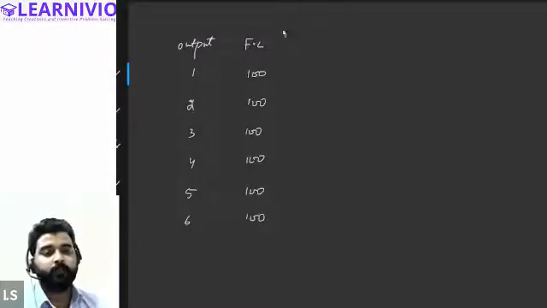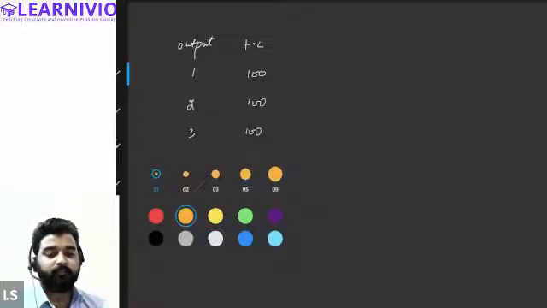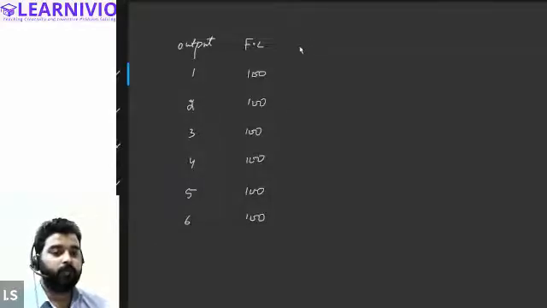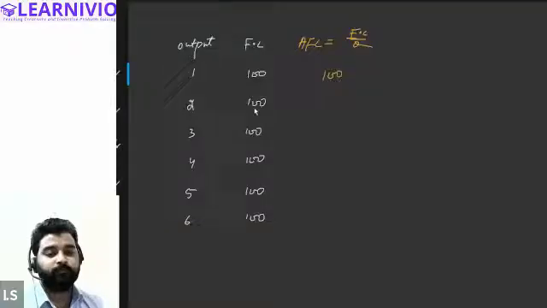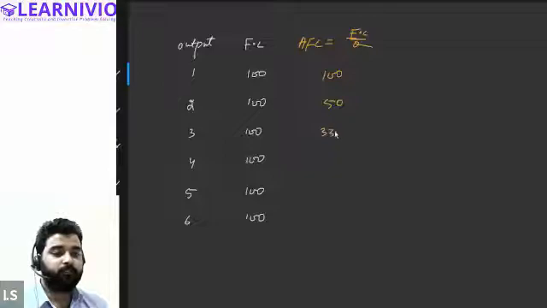All right. Now we need to find out the value of the average fixed cost. In order to find out the average fixed cost, we will simply divide the fixed cost by the output, by the quantity, right? So calculate, everyone. 100 divided by 1, how much will be the average fixed cost? 100. Okay. For second unit, 100 divided by 2, it will be 50. 100 divided by 3, 33.33.